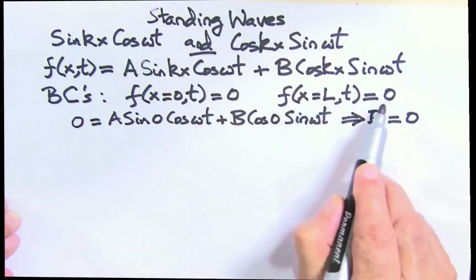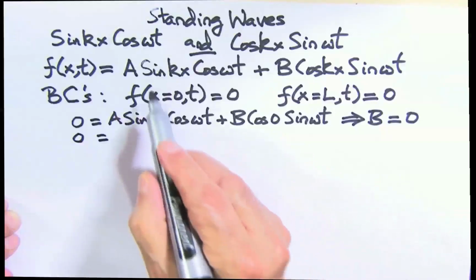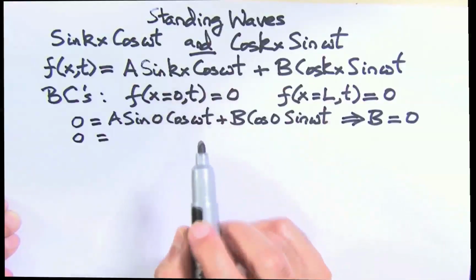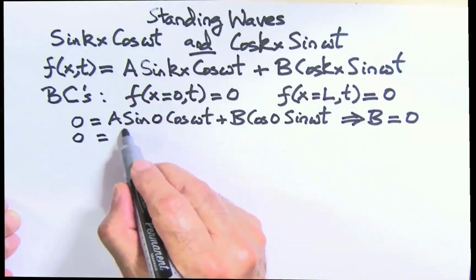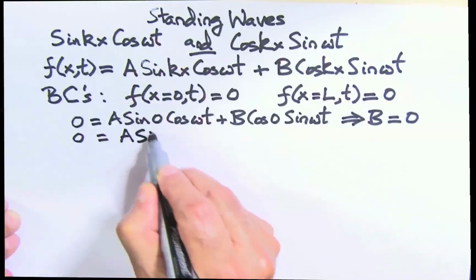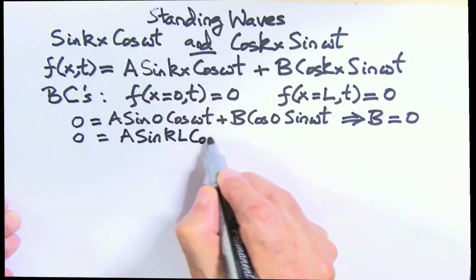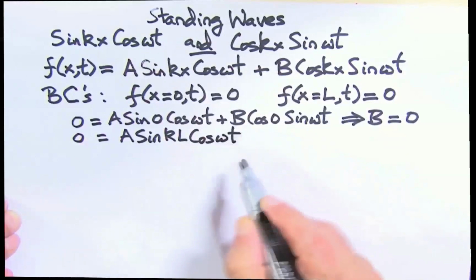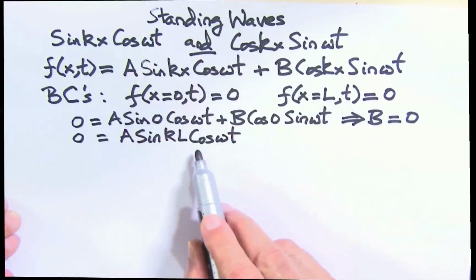Let's use the second boundary condition, which says that 0 must be equal to, now here I have to put x equal to L, so I have A sine of kL cosine of omega t. That has to be 0, and it has to be 0 for all times.